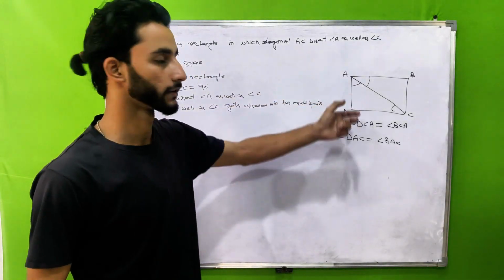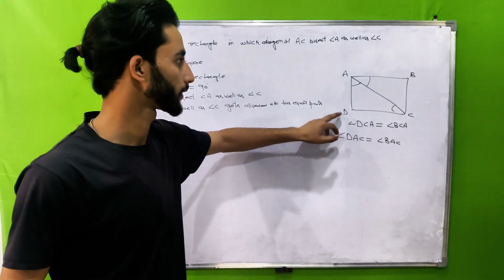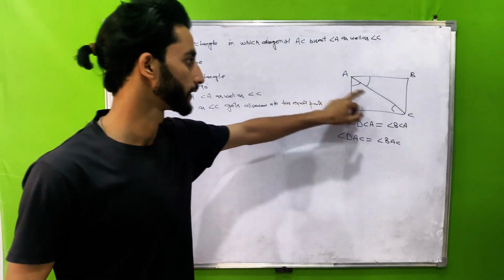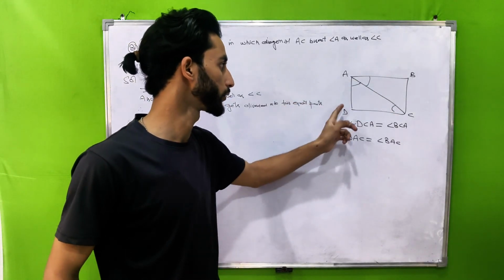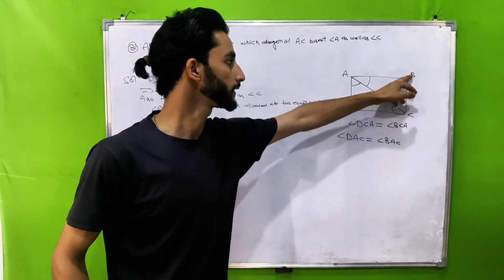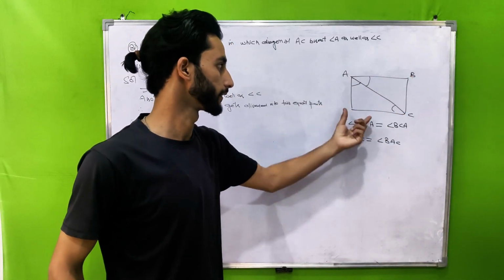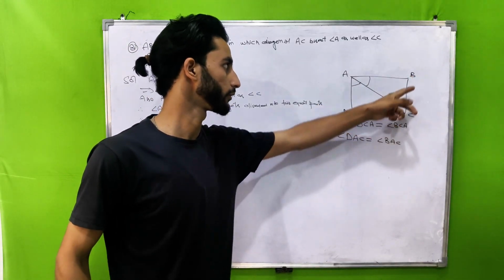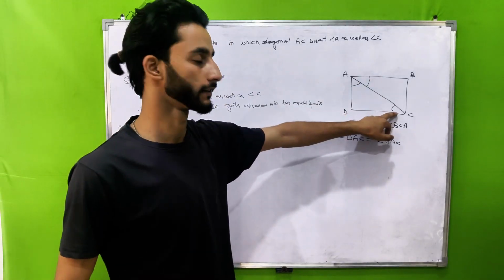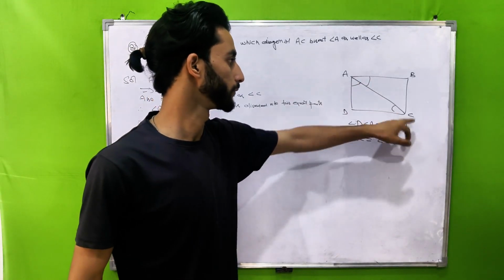Our angle A will get divided into two equal parts. One part of this angle A will be angle DAC and another remaining part, equivalent to this angle DAC, is angle BAC. I write that thing here. Angle DAC is equal to BAC. Same goes with angle C. Angle DCA is equal to angle BCA.